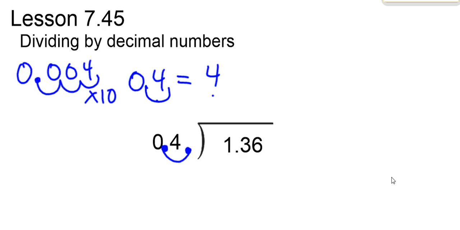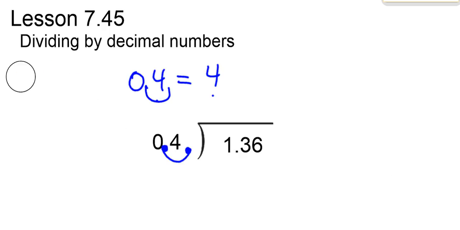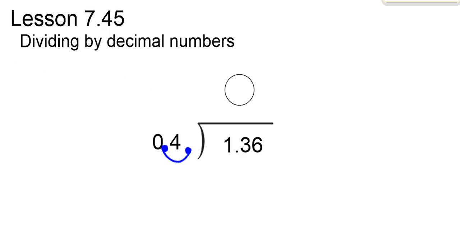That's the idea: you're multiplying by a power of 10 to get rid of that decimal. But once I do it on the outside, I also have to do it to the inside. So if I moved it over 1 here, I have to move it over 1 here.